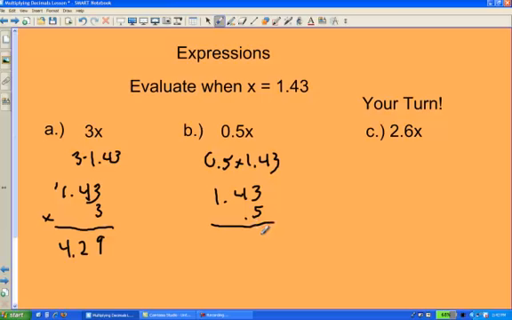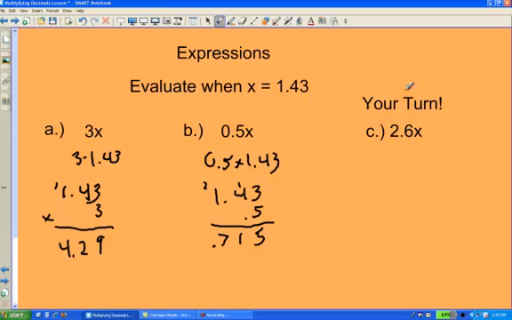So I get 5 times 3 is 15. 4 times 5 is 20, plus 1 is 21. Carrying my 2. 1 times 5 is 5. And plus 2 is 7. And we have 1, 2, 3 numbers after the decimal, so I'm going to move this over 1, 2, 3 spaces. So it would be 715 thousandths.